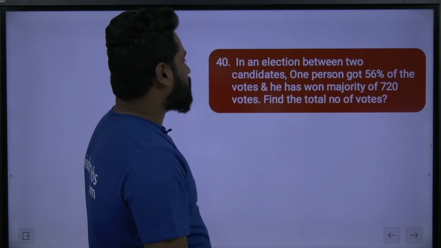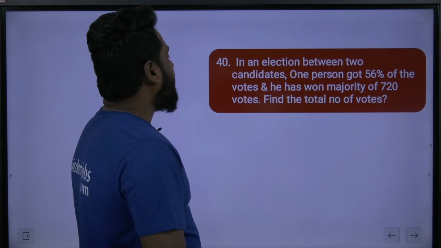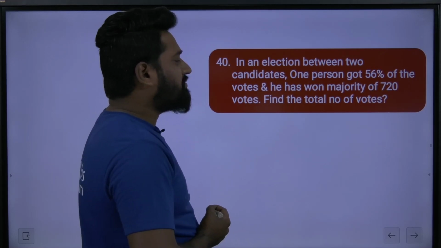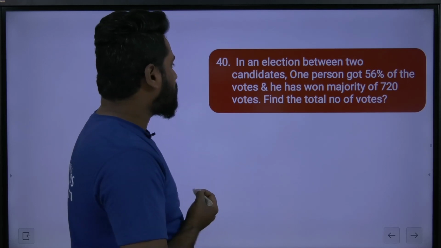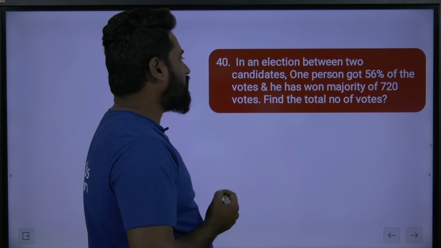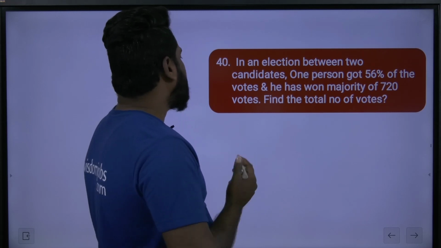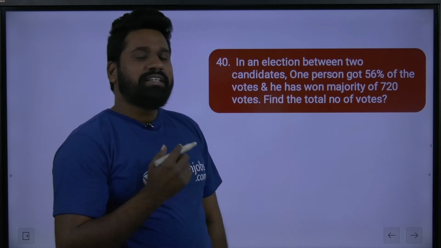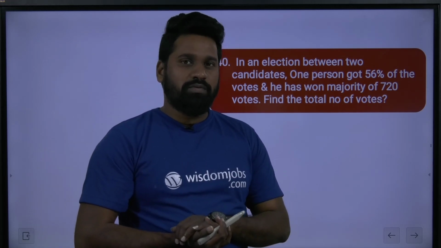So coming to this question, what is given? In an election between 2 candidates, one person got 56% of the votes, and he has won with the majority of 720 votes. Now he is asking find the number of total votes polled.